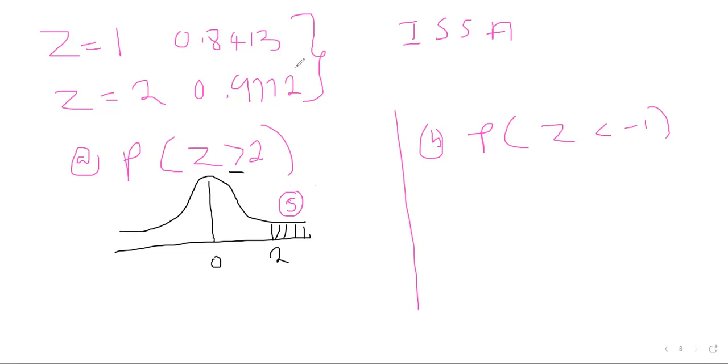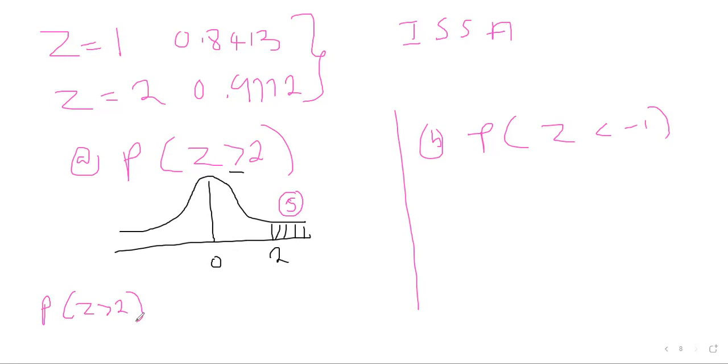Yes. So let's look at the stages. Have we illustrated? Yes. Have we shaded? Yes. Is the Z already standardized? Yes. What is our application? There are 2 things: identify whether it's big or small. So it's small. Therefore, if it's small, we're going to subtract from 1, right?